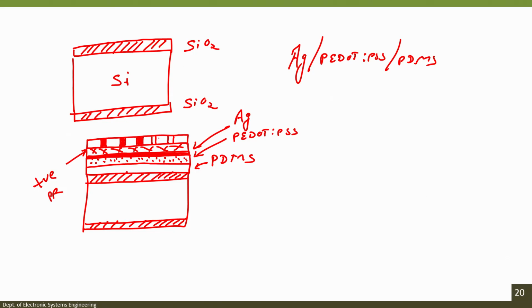So, you have a mask. What kind of mask does it look like? It looks like a bright field mask. This one is my bright field mask, and then the next step would be UV exposure.